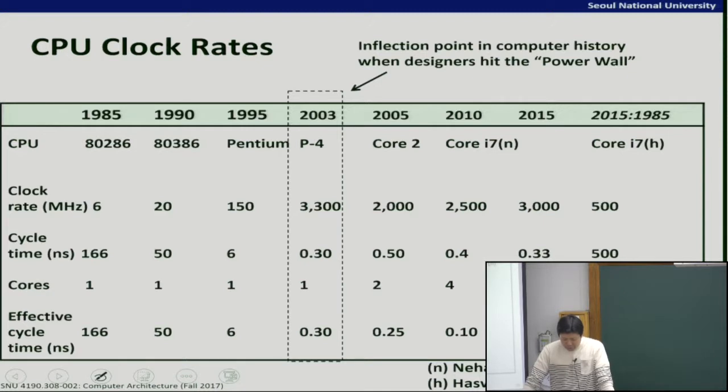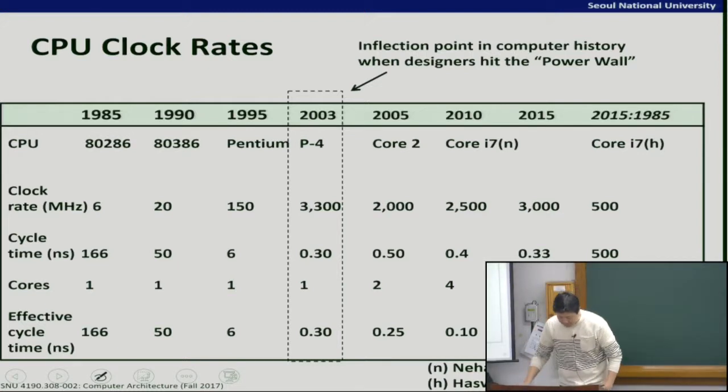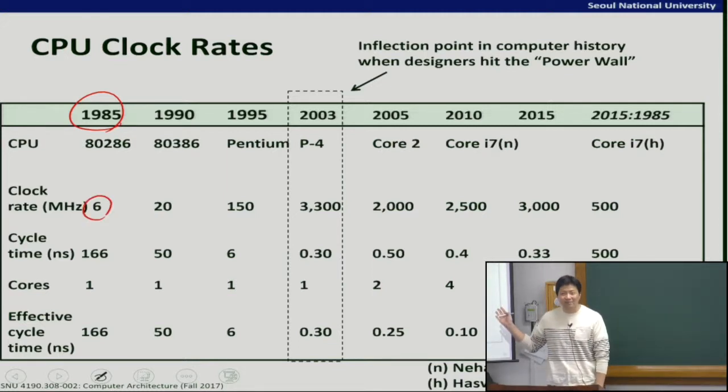So this one shows the trend of CPU. We can do the same analysis for CPU. If you look at the CPU performance compared to 1985, when the 286 machine was introduced, the clock rate was 6 megahertz. It's not gigahertz, 6 megahertz, right? 30 years ago, probably none of you were born, I assume.